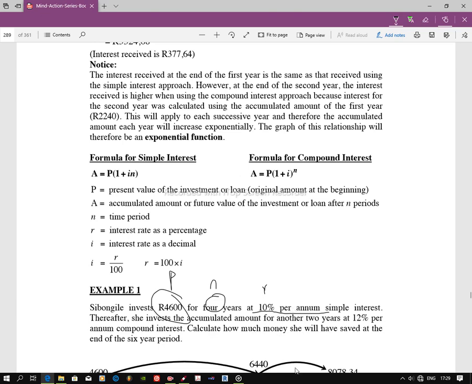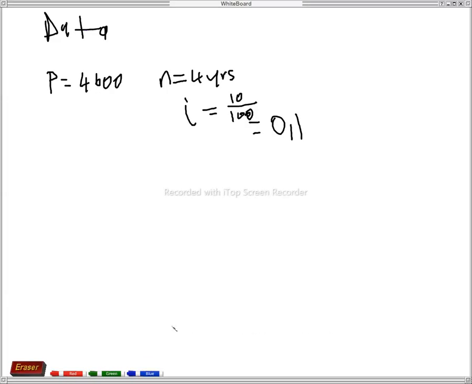Sometimes the examiners will just try to confuse you, but just go for the important parts, like where they say the accumulated or present values and the interest rate. Never mind the English that they give you, because you might get bored.